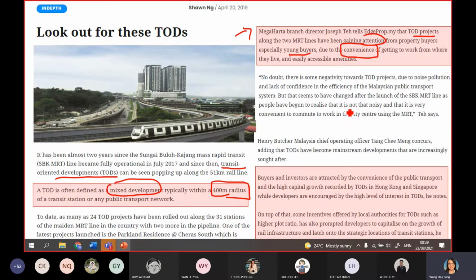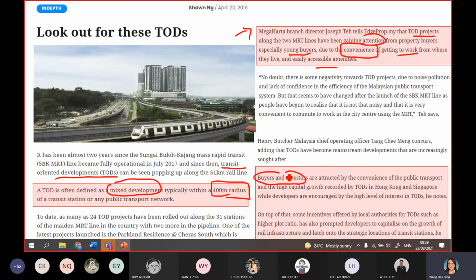Traffic congestion. So if we can take public transport, it's very convenient to get to work from where they live, and also to reach amenities. If you want to go to a shopping mall, it's also very easy because some shopping malls are linked to public transport. So that is the thing.